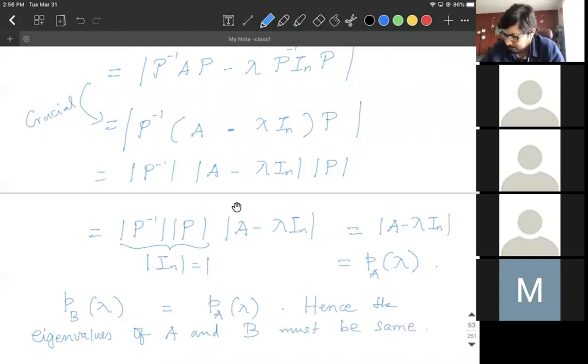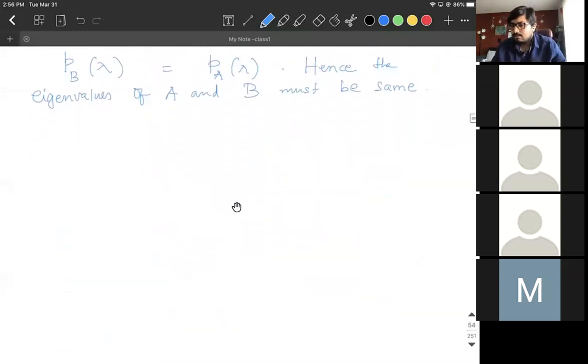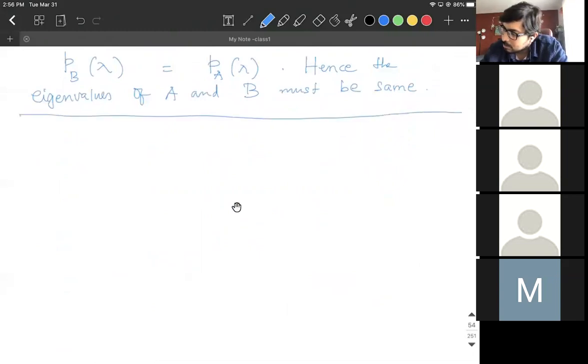They have exactly the same eigenvalues because the equations are the same. Now that's a good thing about similar matrices.